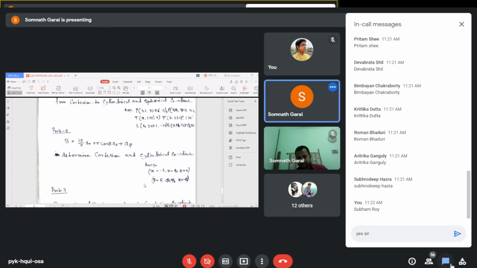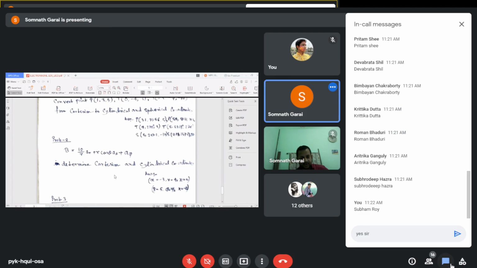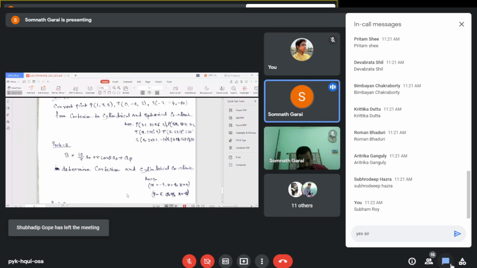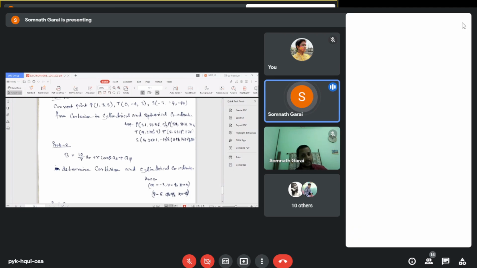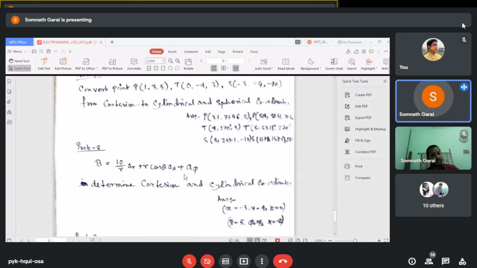Just compare: this B vector is equal to capital AR small a r plus capital A theta small a theta plus capital A phi small a phi. Capital AR is equal to 10 by R, capital A theta is equal to R cos theta, and capital A phi is equal to 1.